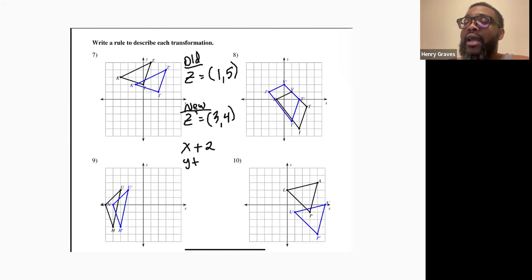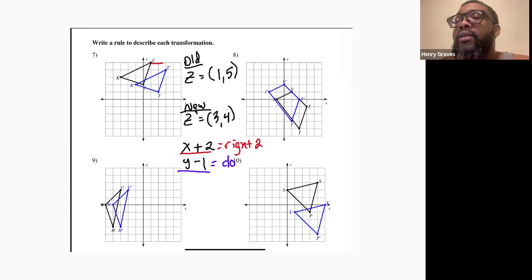So let's see that. I'm gonna do the transformation. The x is gonna be in this color, in red. So it looks like I went to the right 2. So let's look at that. Yep, I did go right 2. And the purple here means I went down 1 because it says minus 1.